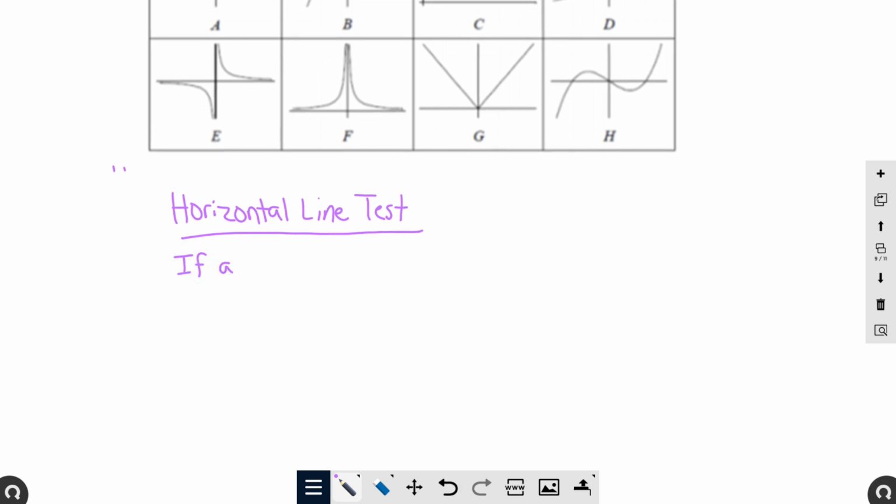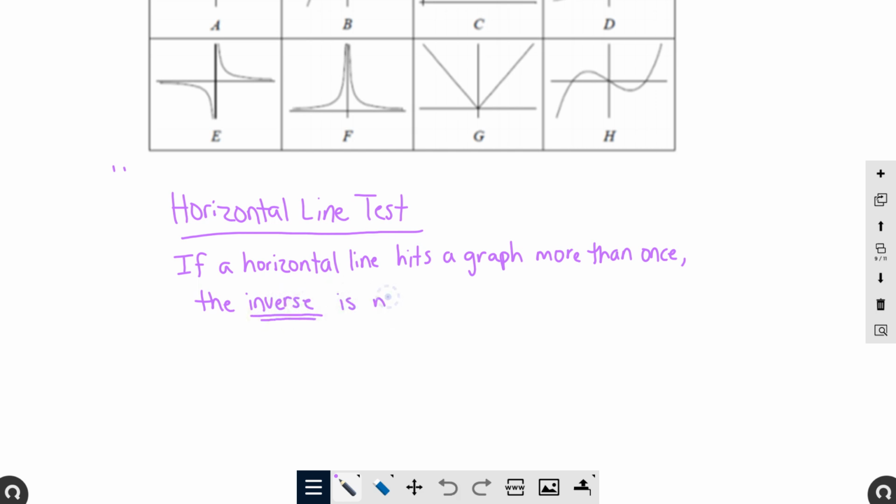So you would say, if a horizontal line hits a graph more than once, then the inverse is not a function.